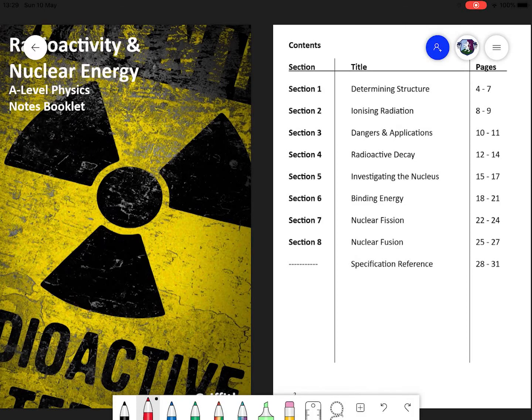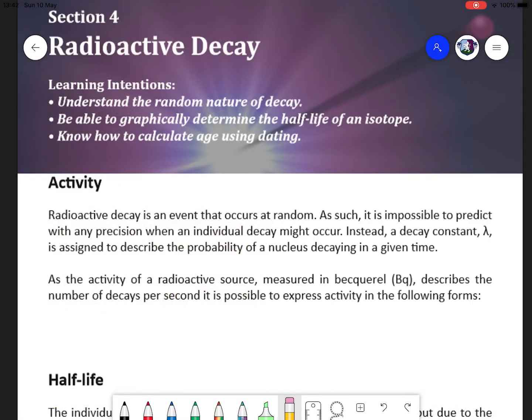In this video, we'll be looking at section 4 of the radioactivity and nuclear energy topic, radioactive decay. As you know, radioactive decay is when an unstable nucleus randomly decays by giving out alpha, beta, or gamma radiation.